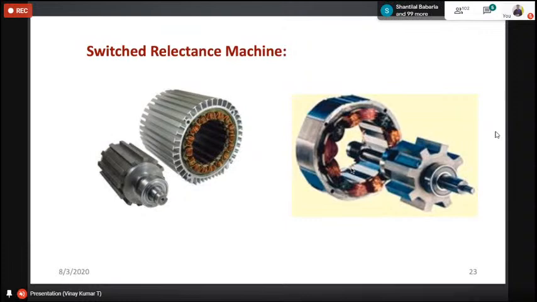The advantage of the switch reluctance machine from the construction point of view: no permanent magnets on the rotor side. It is only ferromagnetic material that you have to take on the rotor side. Compared to permanent magnet, ferromagnetic material cost is very less, right? Under fault condition also, replacement of the winding is very simple, right?